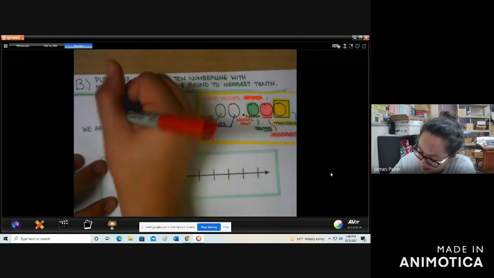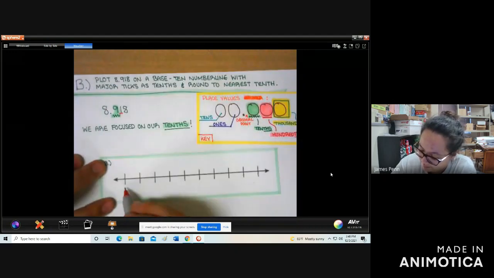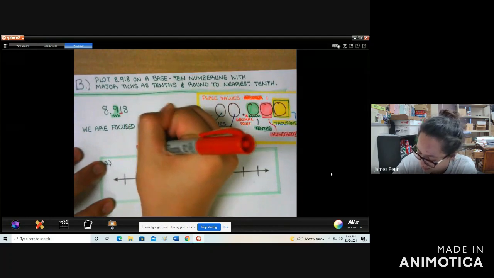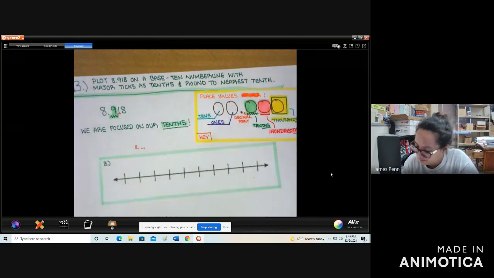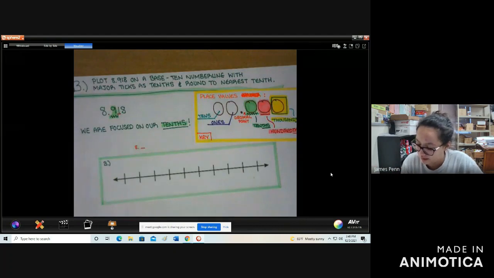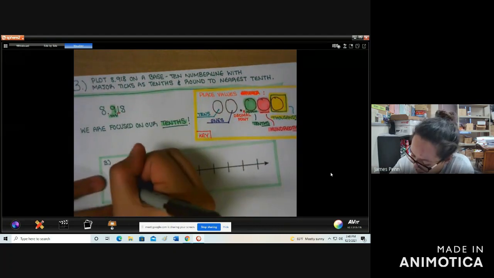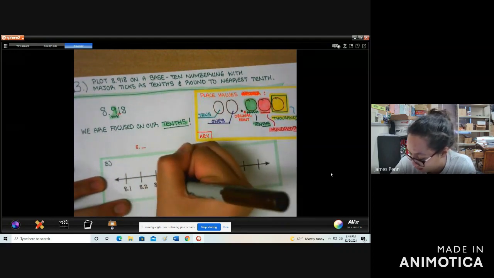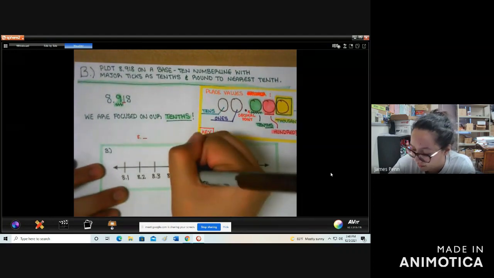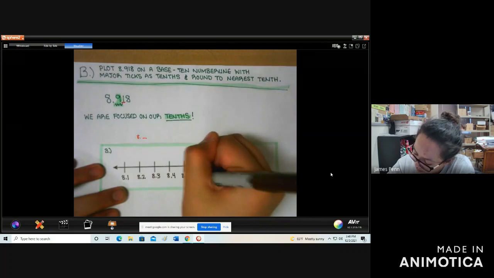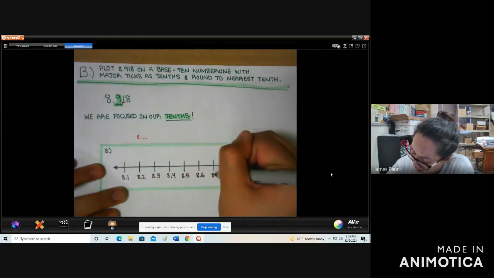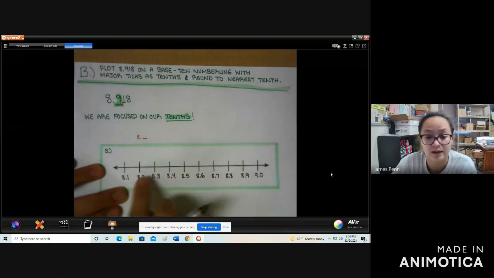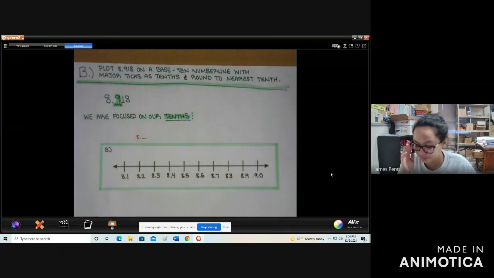Since we're focused on tenths, our number line will be focused on our 8 point blank. So we can start with 8.1, 8.2, 8.3, 8.4, 8.5, 8.6, 8.7, 8.8, 8.9, and 9.0, which is just 9.